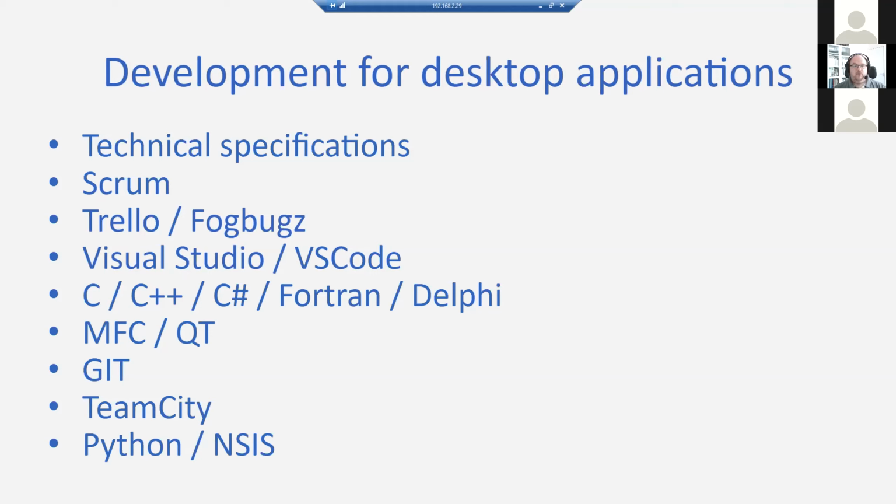For development tools, we use Visual Studio, especially for the ones using C#, where there are a lot of special tools for .NET development. Or we use VS Code, which is more or less the same, but it's free. It doesn't really have all the bells and whistles.